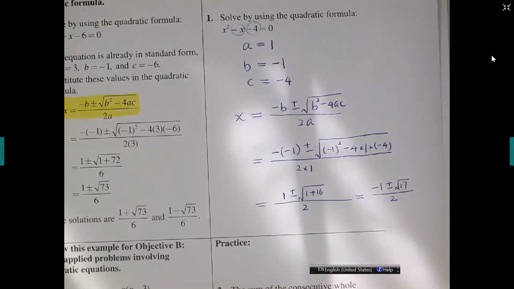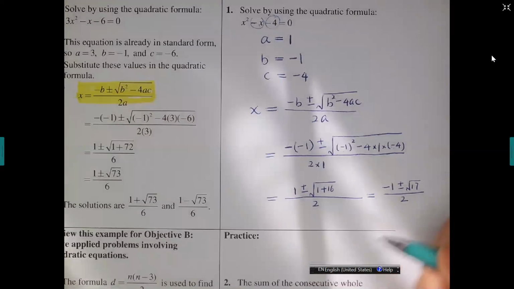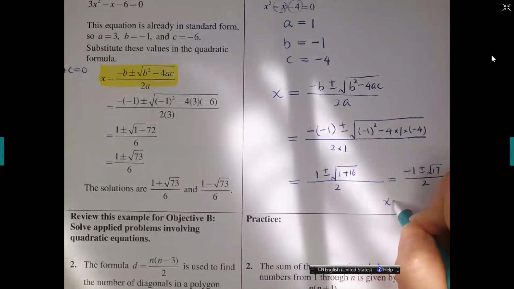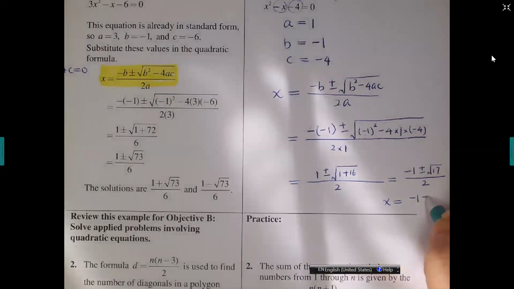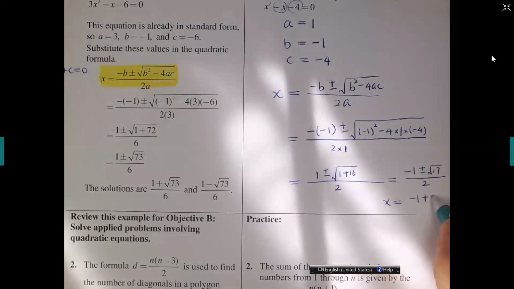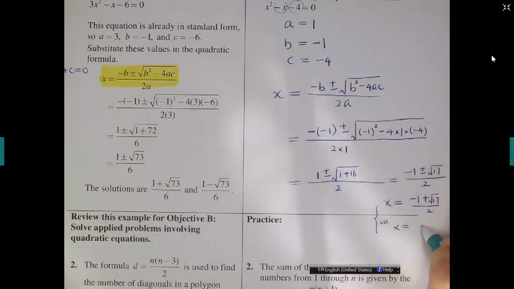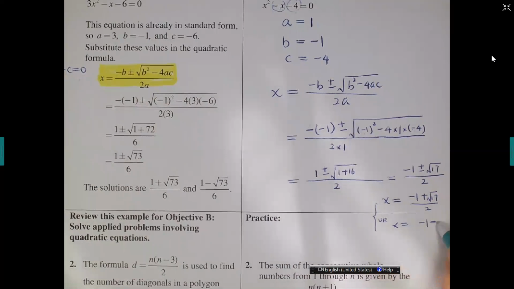Done. Final answer. If you'd like to rewrite it to see the two solutions, the first solution is x equals negative 1 plus the square root of 17 over 2, or x equals negative 1 minus the square root of 17 over 2.